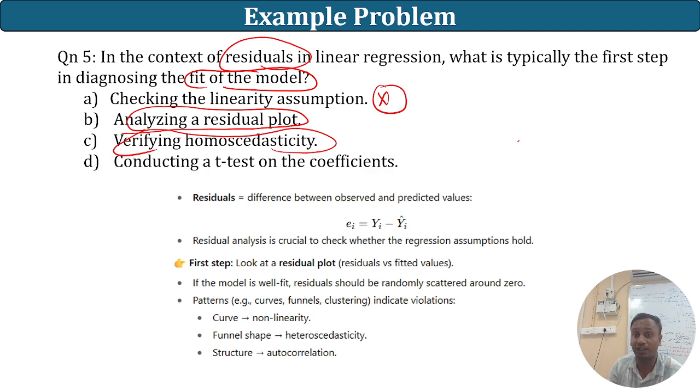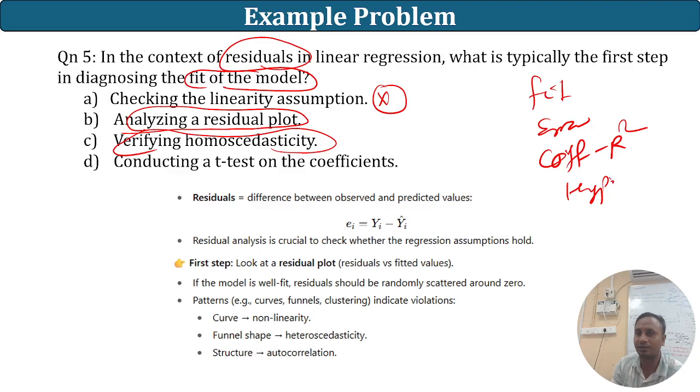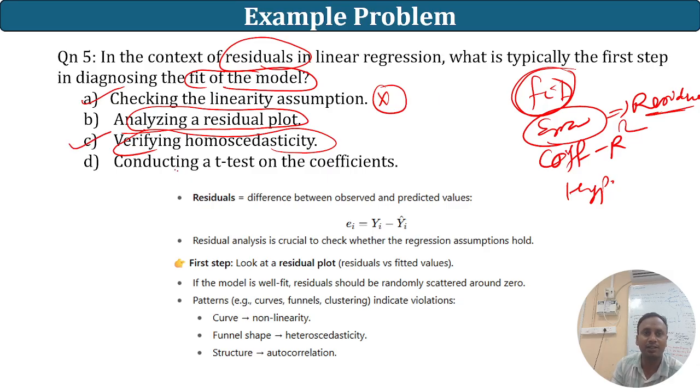Before this, our steps are the fit, then the error, then the coefficient of determination like R square. Then we'll go to the hypothesis testing. When we come to the error or residual, for the fit itself we have checked with homoscedasticity. Conducting the t-test is something we'll do after the error.